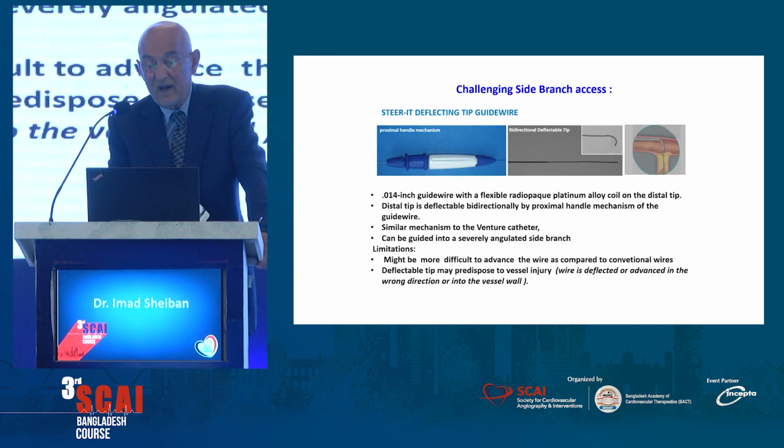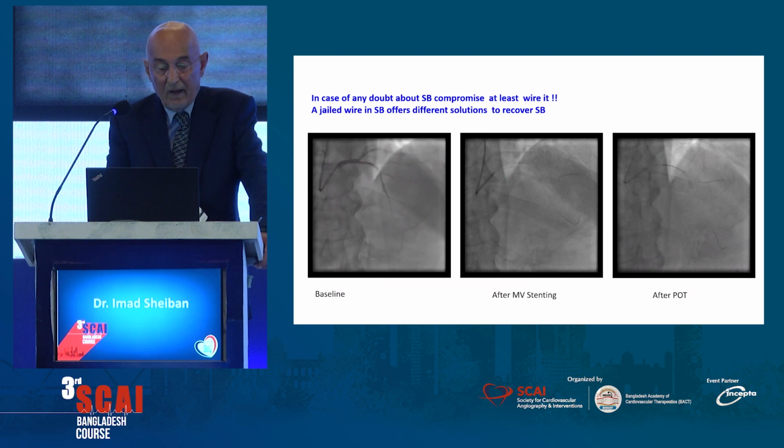And finally, the steered deflecting tip guide wire. This again can permit the angulation or the changing of the curve according to anatomy, by deflecting the tip of the wire.